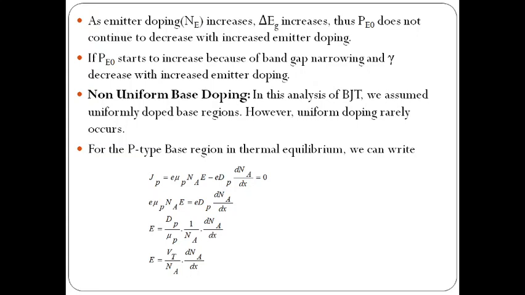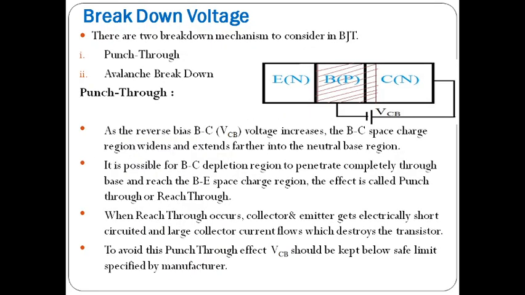From this, we can write the electric field as Vt by Na times dNa by dx. And these are the non-ideal effects of the BJT.